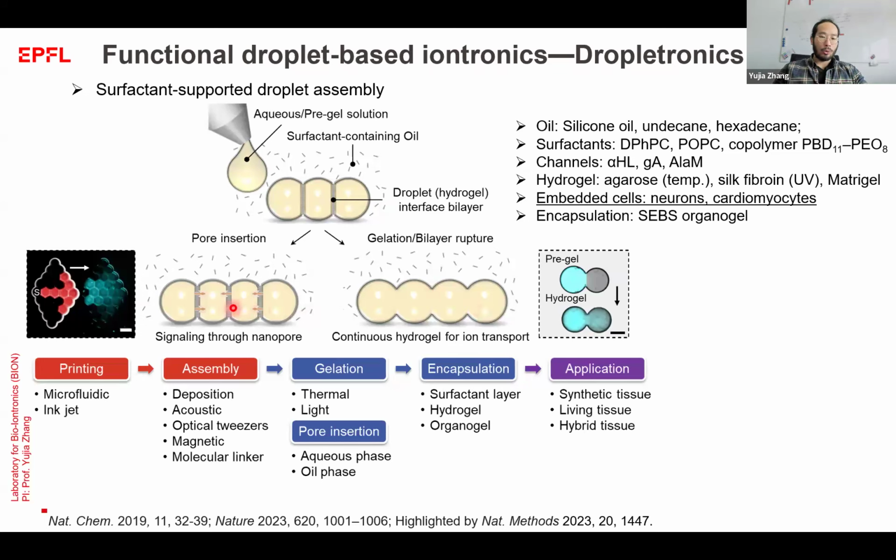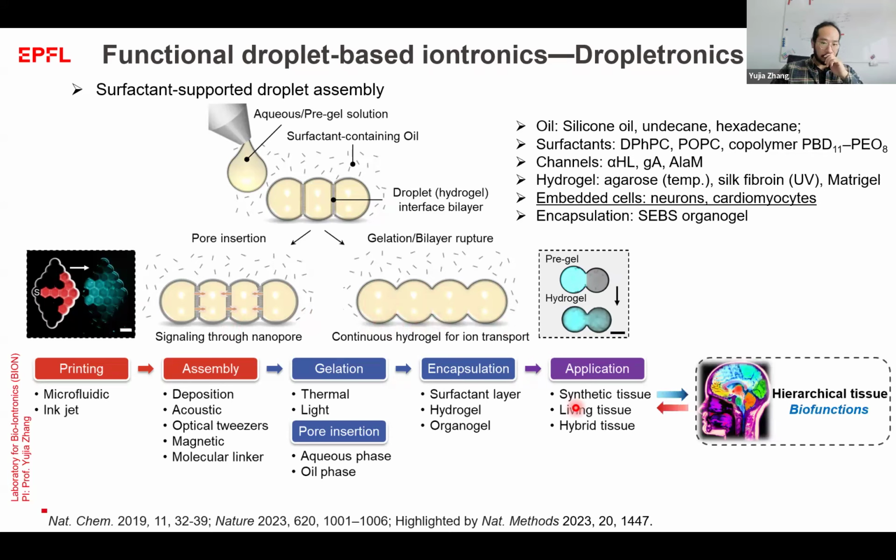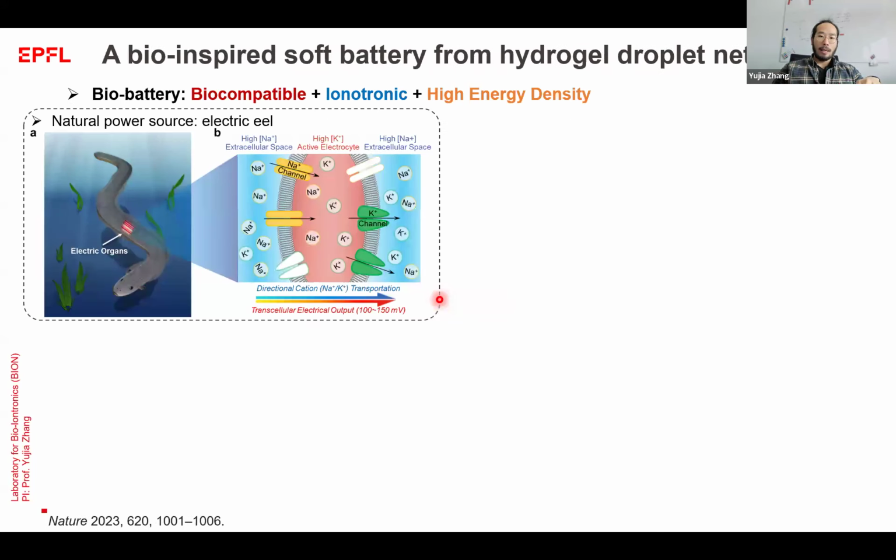So we can either use nanofluidic channels, or we use the hydrogel network with embedded materials and different hydrogels to achieve different iontronic functions. And fundamentally, we can do this at 3D scale to build droplet networks and achieve hierarchical functions.